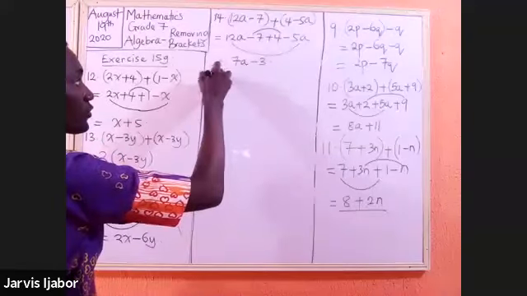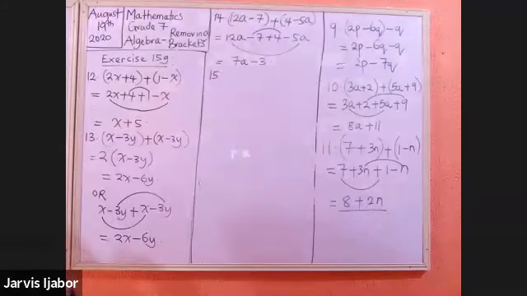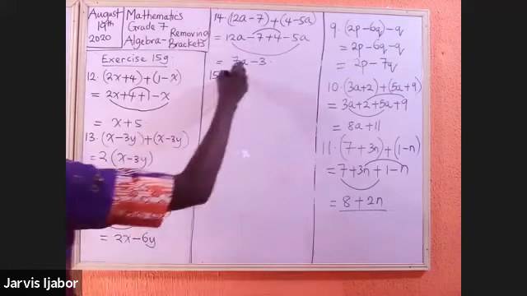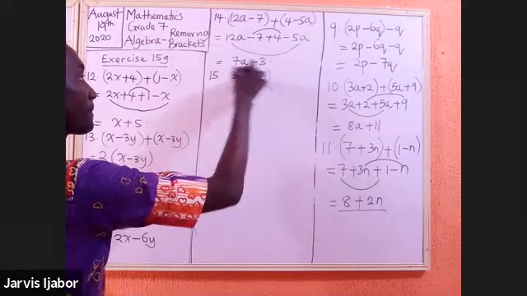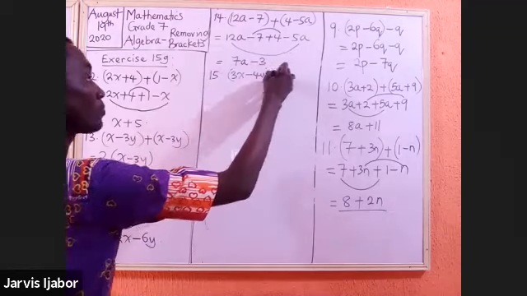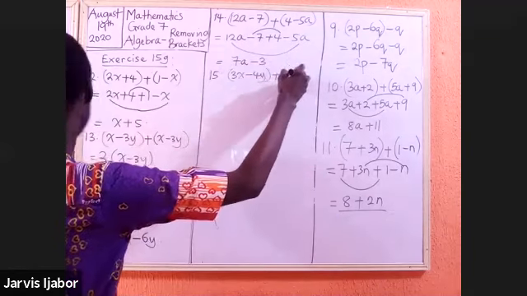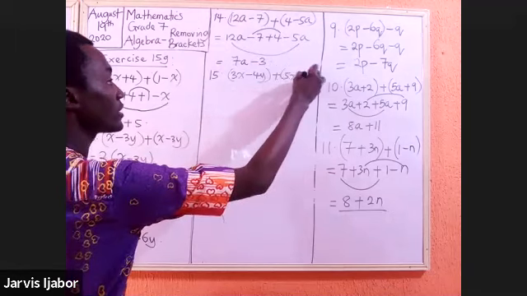And we go to question 15. In question 15, the last question for that exercise, it is 3x minus 4y plus 5x minus 8y.